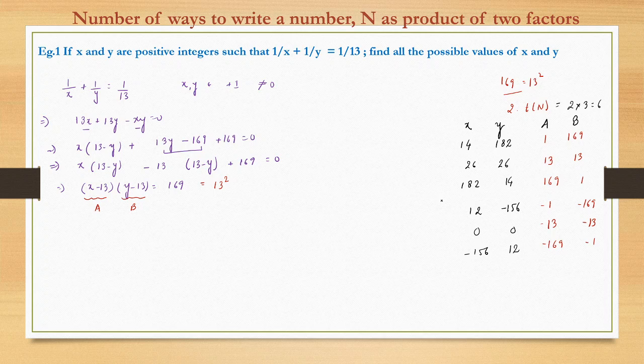So these are the 6 possible values of a and b and 6 possible values of x and y, but we need to be careful that x and y have to be positive. So those cases where either x or y is negative will not be taken. So this will not be taken because y is negative. Here both are 0, it cannot be 0, and here x is negative.